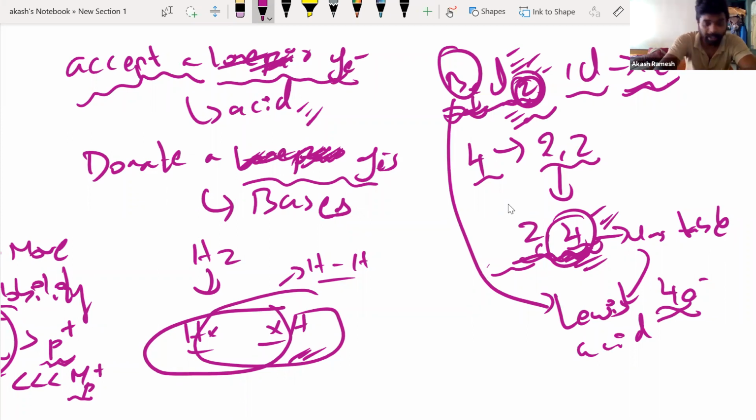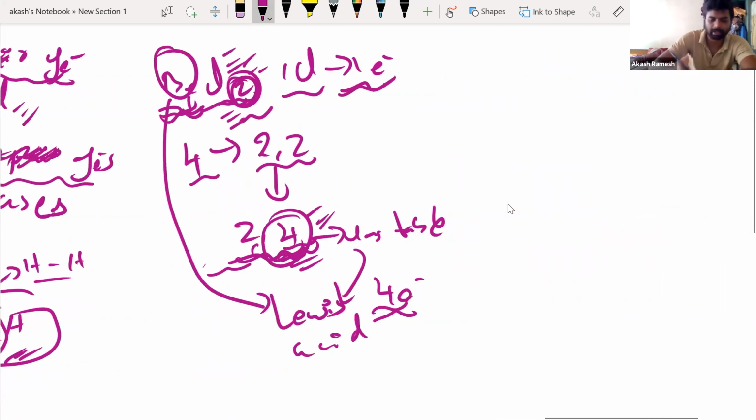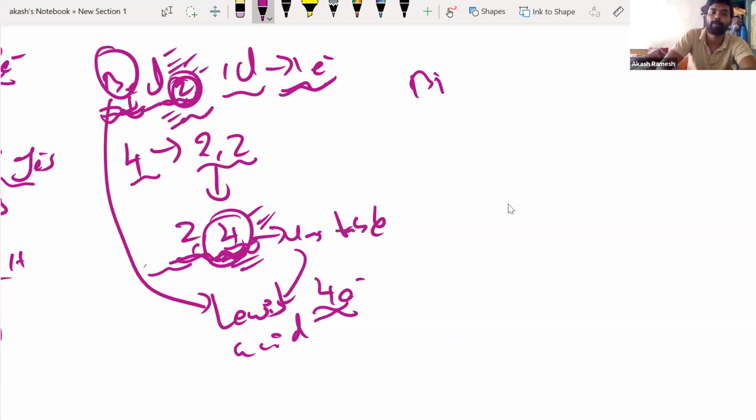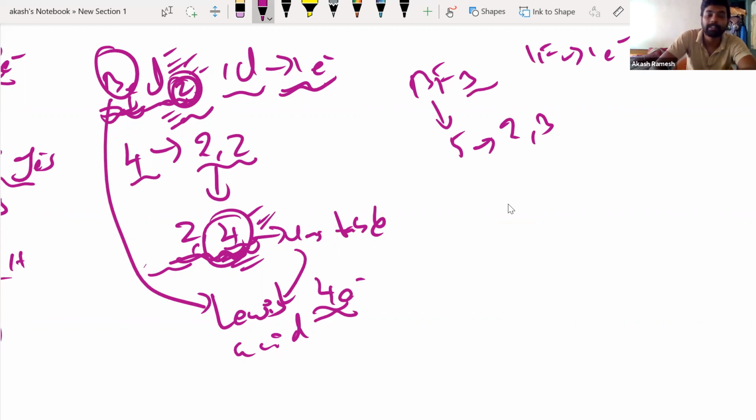Okay, same way, I can give you one more example. Look at this: boron trifluoride, BF3. Boron has an atomic number of 5, which means the configuration is 2, 3. Again, 1 fluorine atom will give 1 electron. Now I have 3 fluorine atoms, so it will give 3 electrons.